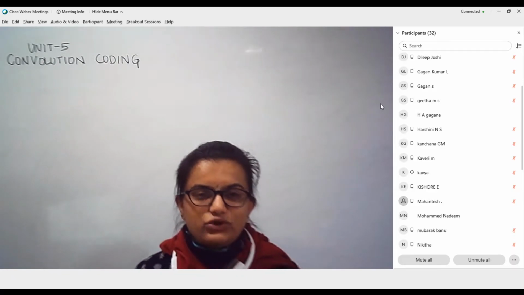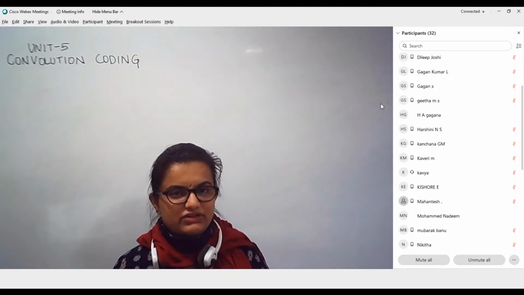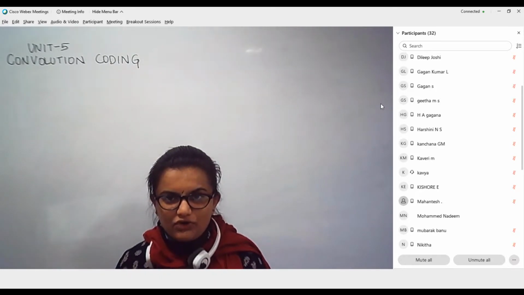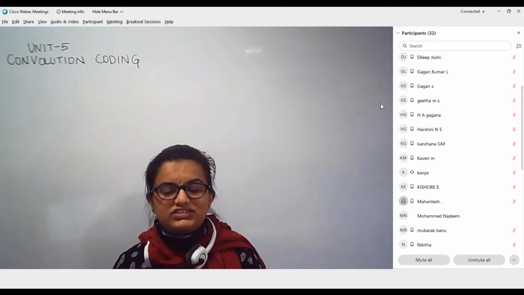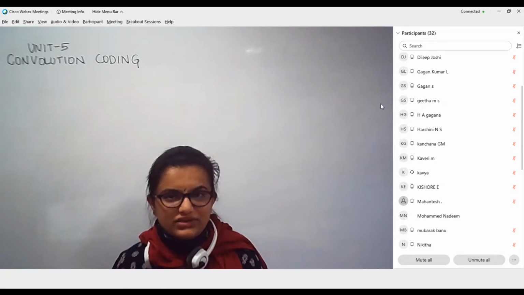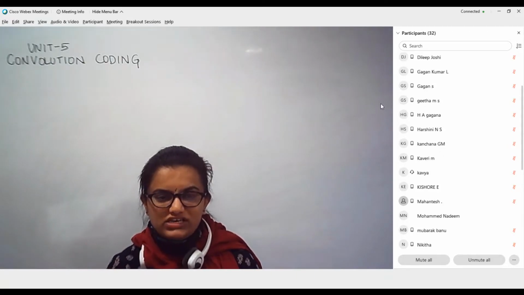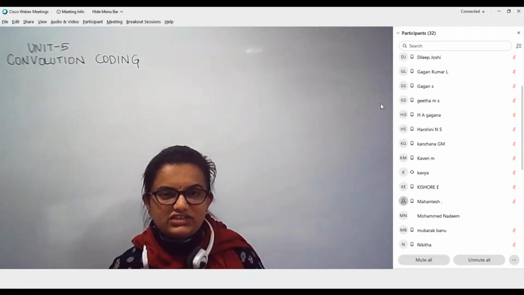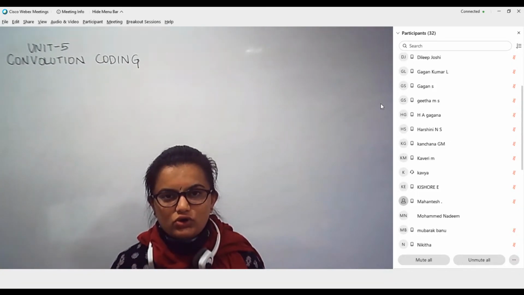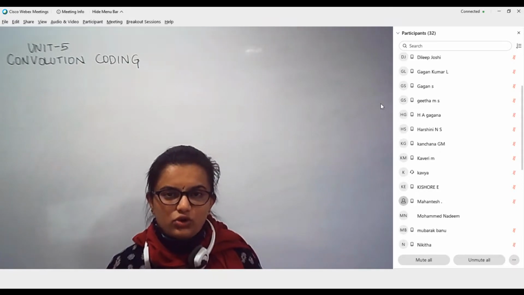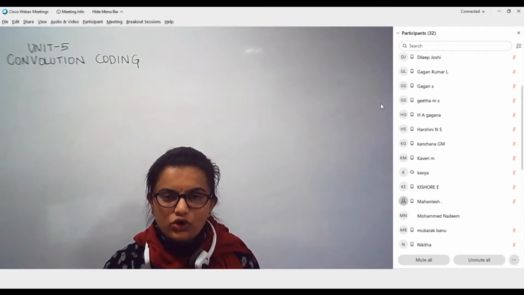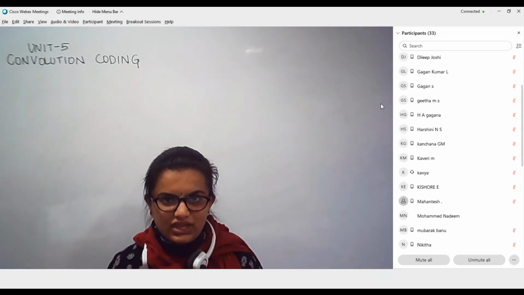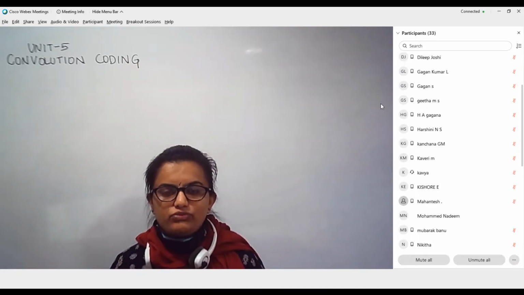That means if you have k information bits at any given point of time, you have a corresponding n bits at the output, which is coded along with the message bits. So it consists of message bits followed by what we call parity check bits. That is how the block codes are generated. Once you have encoded that k bits of information, you discard all the k bits and bring in new k bits. That is how the process of block coding happens.